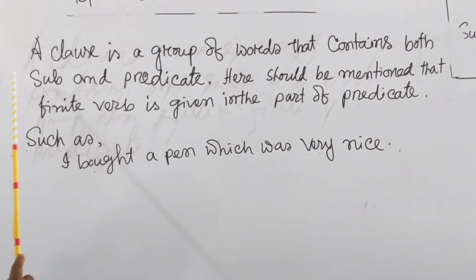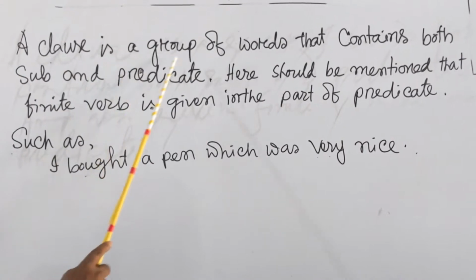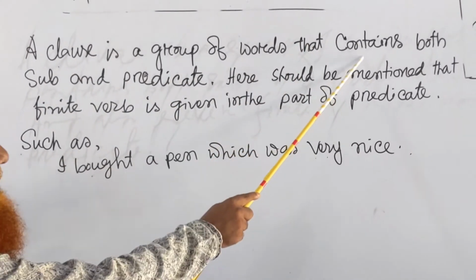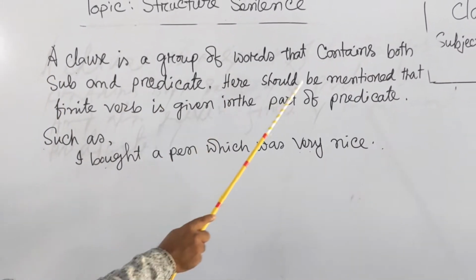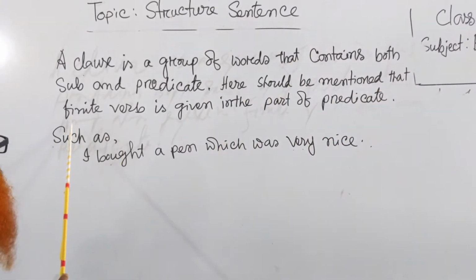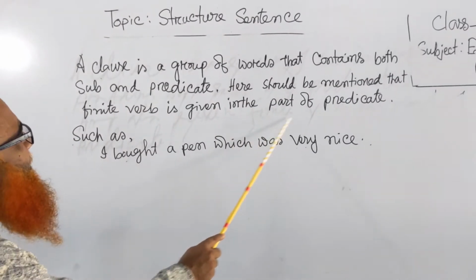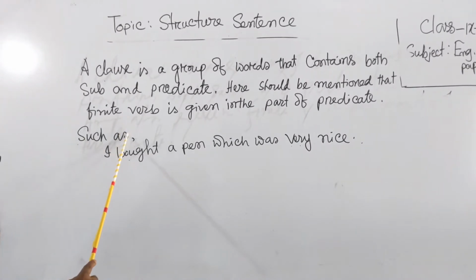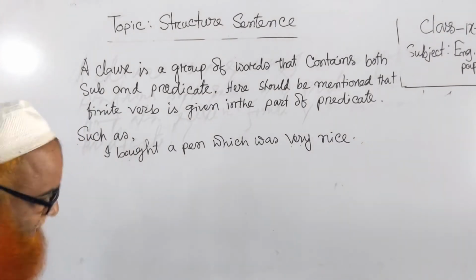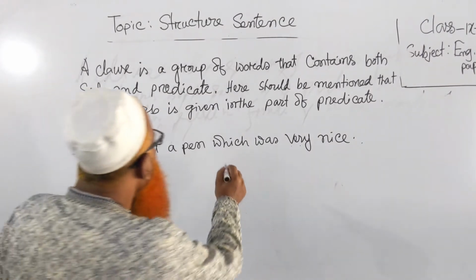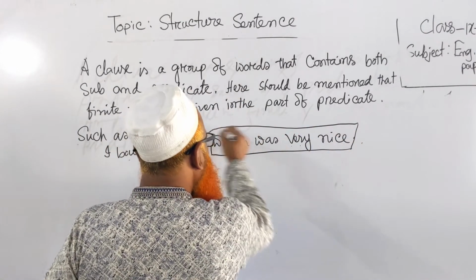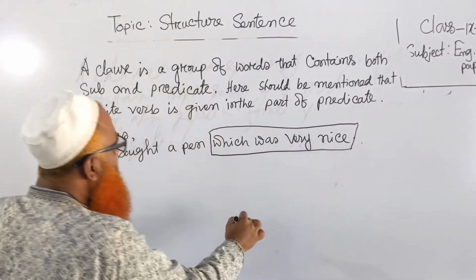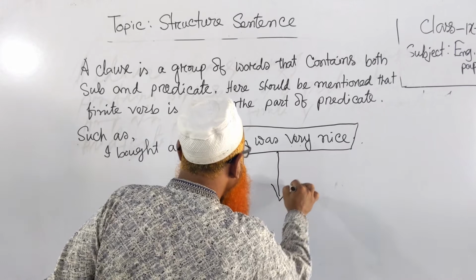The definition: a clause is a group of words that contains both subject and predicate. Here it should be mentioned that a finite verb is given in the part of predicate, such as: I bought a pen which was very nice. Here, which was very nice is a group of words.